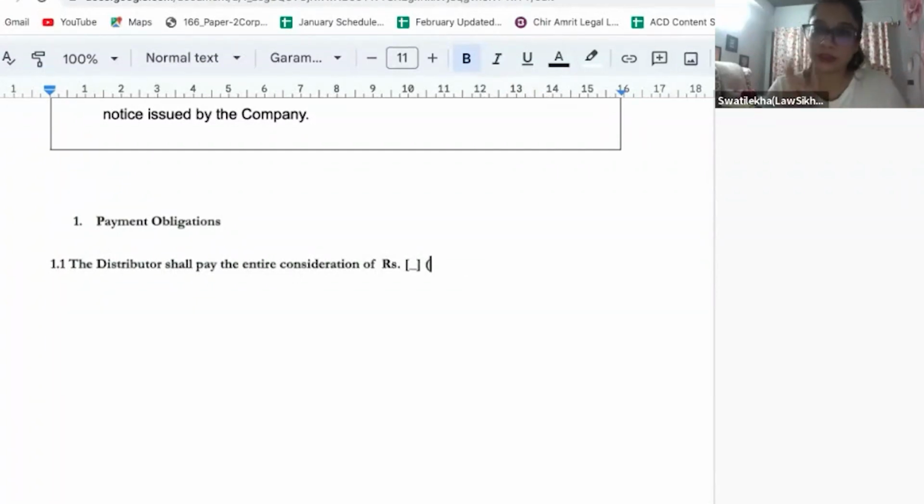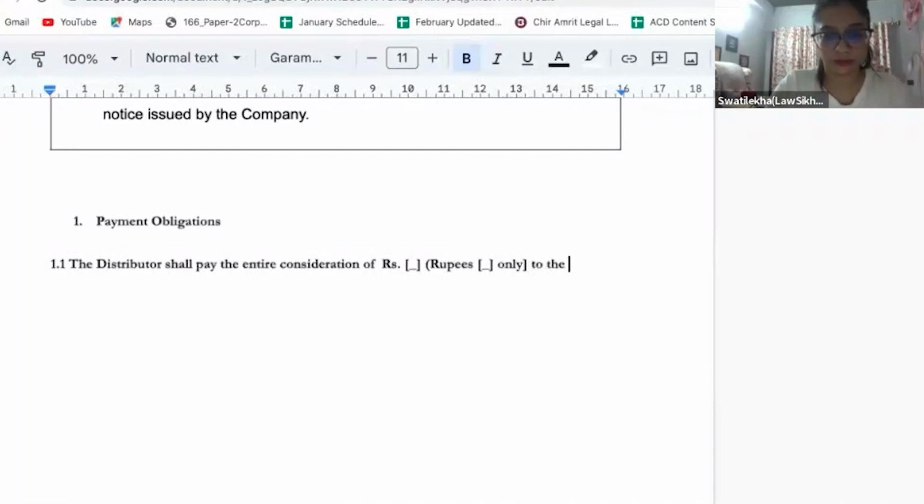Any amount that you mention in numerals, always call it out in words also. Okay? So if it is say 10 rupees in numerics, then write 10 rupees in words as well. Okay? So here, rupees, whatever the amount is, dash only.